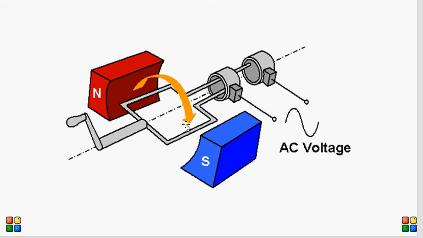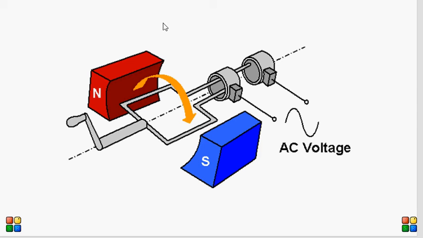Basically, we apply force on this side to move it like this. When it moves this side, it flips from north to south, and then electric current will be produced. Let me just move this side and see, this moves up.